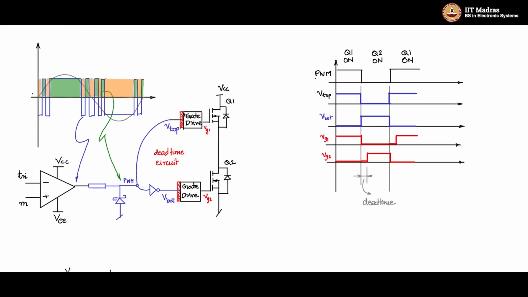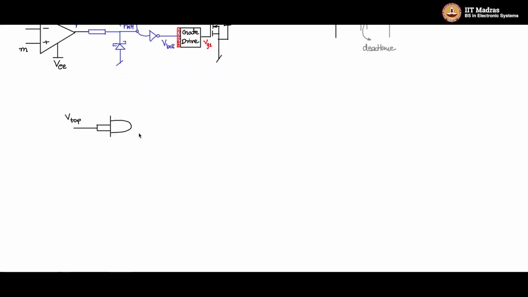I'm talking of this part of the block that I'm going to zoom in and draw. So VTOP is connected to the input of the AND gate. Both the inputs are shorted, and this is used only as a buffer. But because this is coming from an analog circuit, I want to pass it through a Schmitt trigger so that you don't have any metastable conditions.